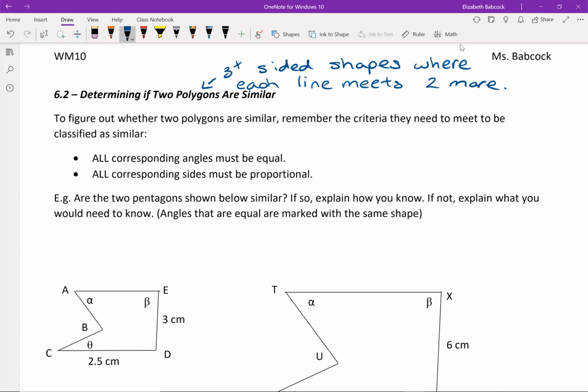All that means is that when we're looking at the shapes, there are no gaps where there's no lines touching each other. There's no holes in the diagrams when you're looking at the outlines of it.